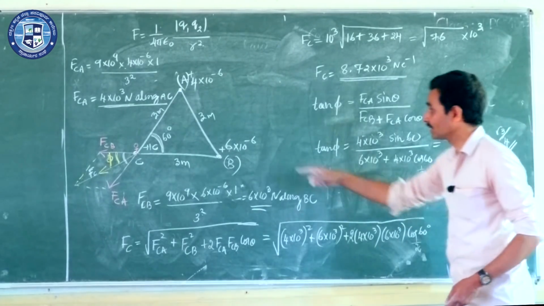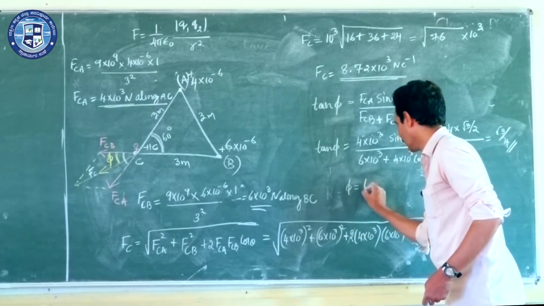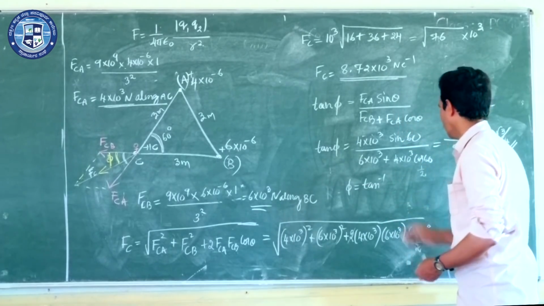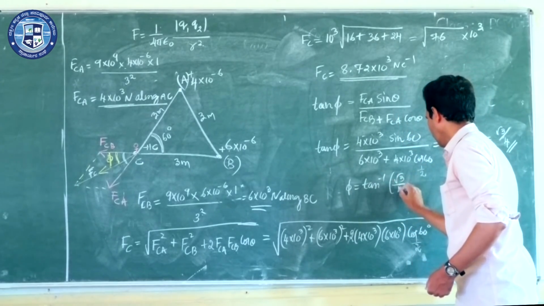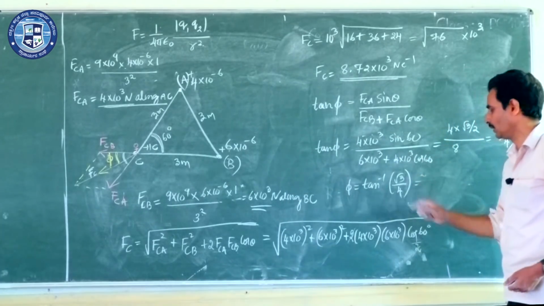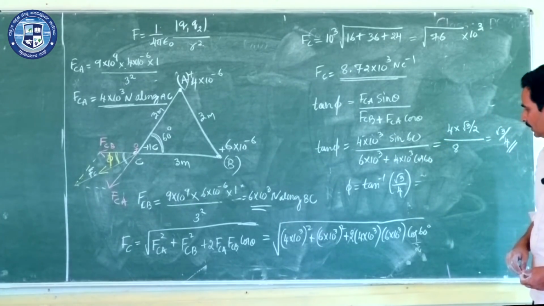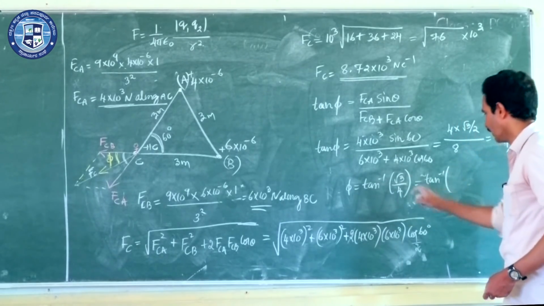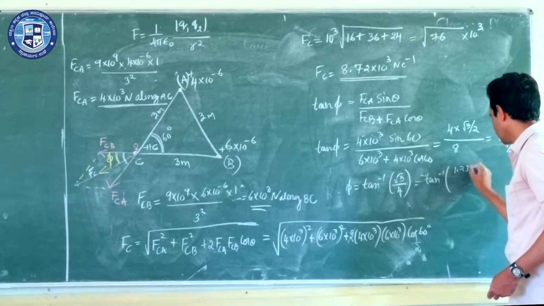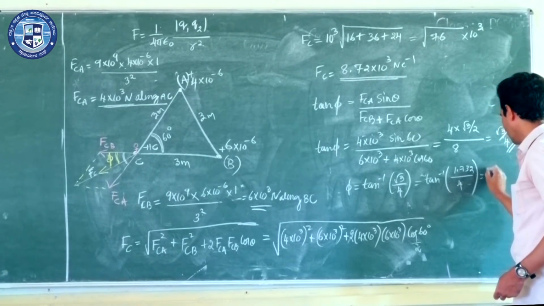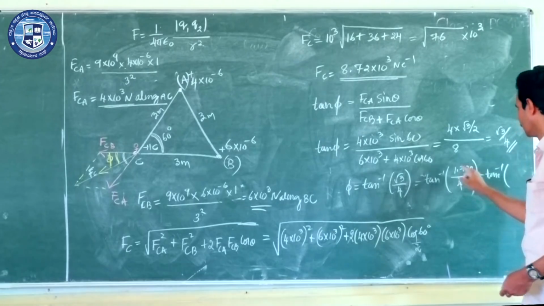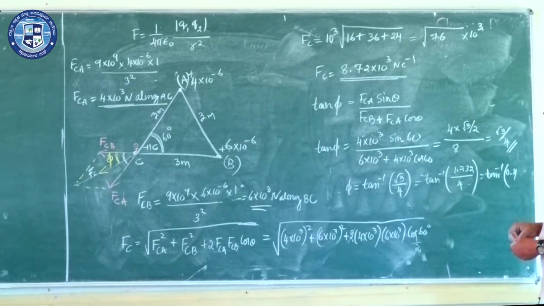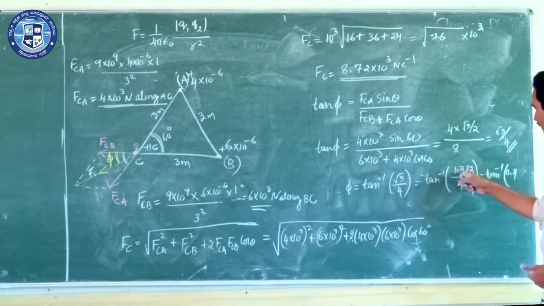What is phi? What is the angle made by the resultant? Phi is equal to tan inverse of root 3 by 4. You can take this value from the log table, and if I want to write the exact value, root 3 is 1.732, divided by 4, that is equal to tan inverse of 0.433.